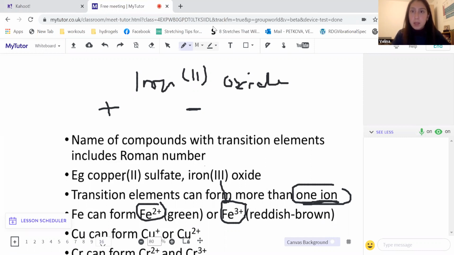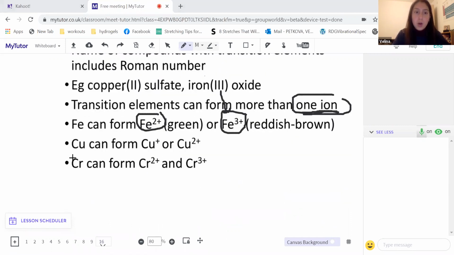Sorry, it's so messy. Do you have any ideas? Yeah, brilliant. So it'll be Fe 2+, exactly, because this Roman numeral tells you what ions will be. Okay, so like with copper, we can form copper 1+ or copper 2+. Chromium, we can also form chromium 2+ or chromium 3+. There's a couple to remember.